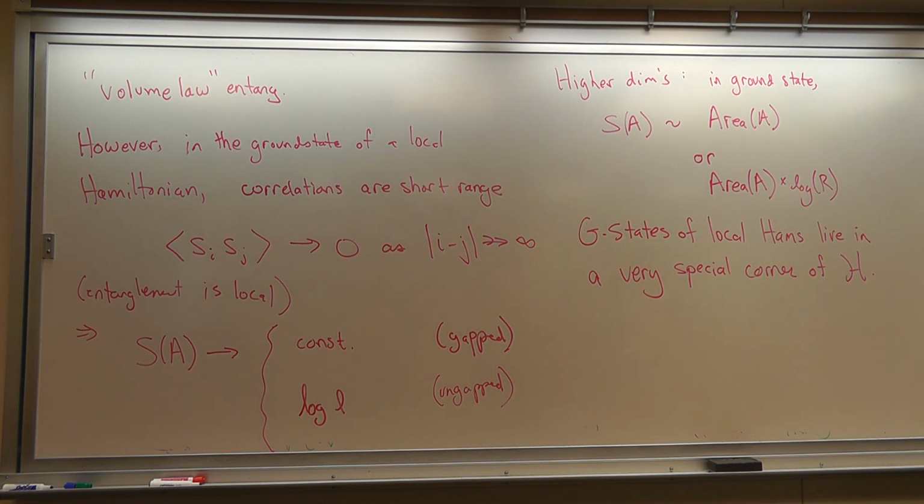My feeling is that it's because you're thinking about a free model. Maybe because there's long-range correlations. Yeah, long range. Maybe if the ground state doesn't have long range order, then you do get this area law.